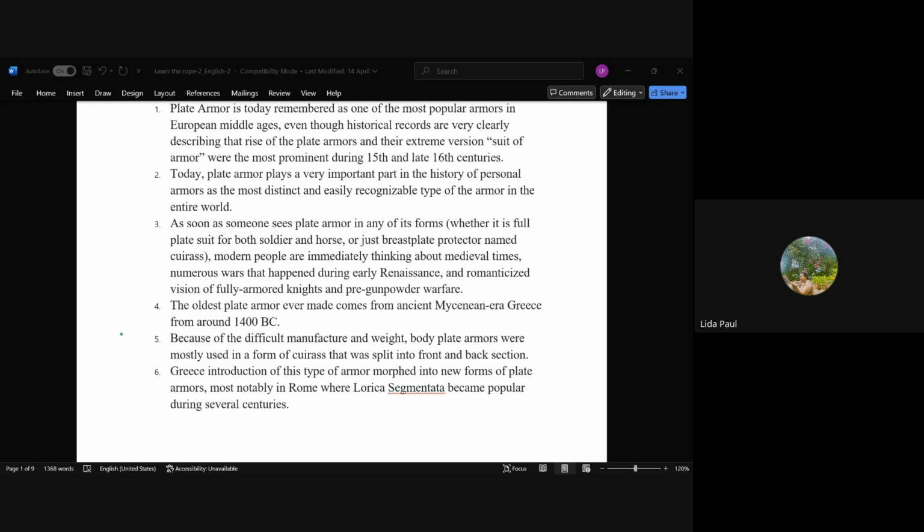Okay. So then you have mostly, and I don't think there is anything else there, right? We don't have any other adverbs. Okay. Sixth one, Greece introduction of this type of armor morphed into new forms of plate armors, most notably in Rome, where Loricus segmentata became popular during several centuries.